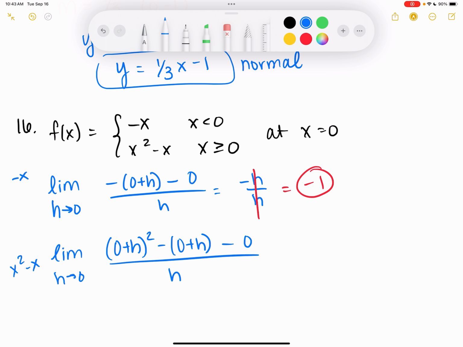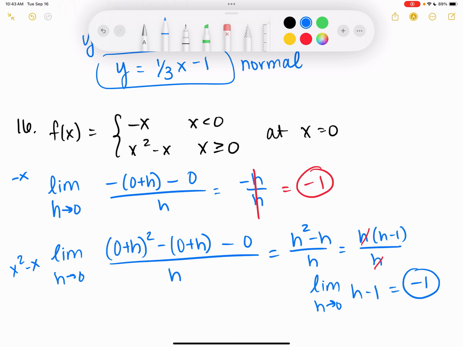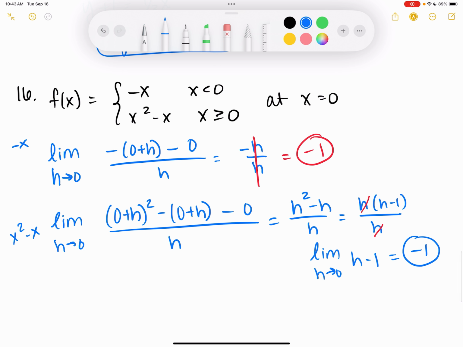So that gives me, since I have all the zeros, h squared minus h over h. I can factor out an h, so h times h minus 1 over h. H top and bottom cancels. Now I can do the limit as h approaches 0 of h minus 1, and that ends up just giving me a negative 1. So they're the same. Slopes are the same. So we have a tangent.